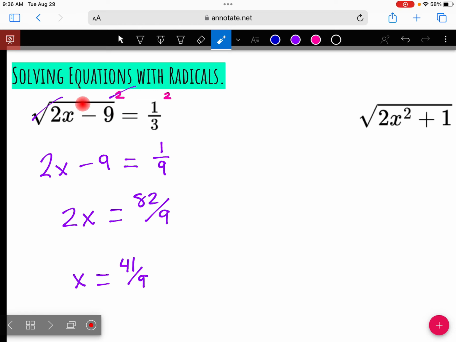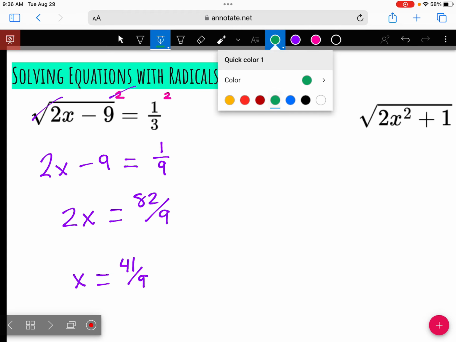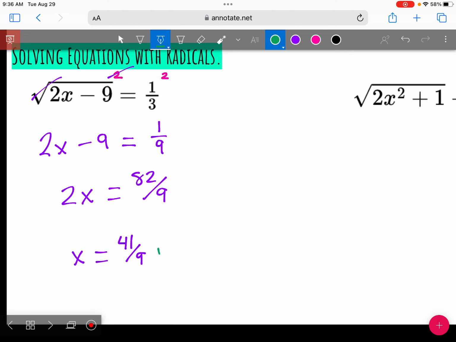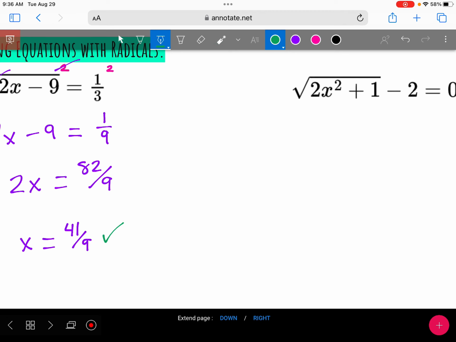So as long as what's under the radical is a positive number, we're fine and it checks. We just cannot wind up with a negative number because then it's not a real solution, it's an imaginary one. So we're checking to make sure it's a valid solution and not an extraneous one because we're not dealing with imaginary roots.